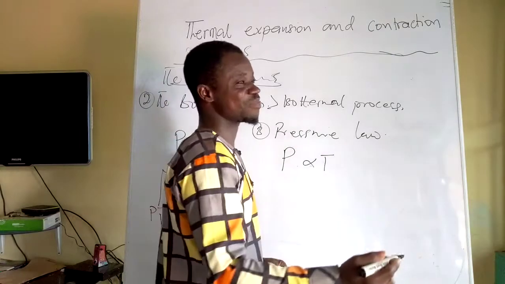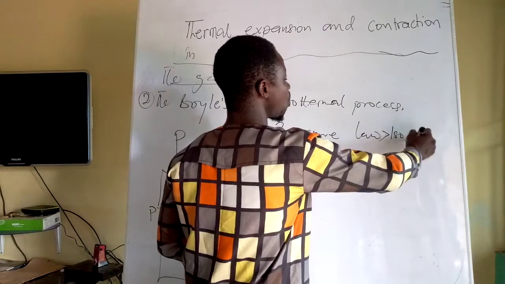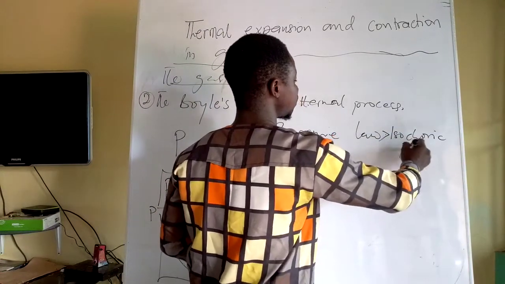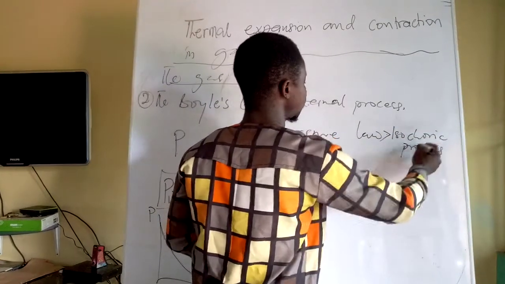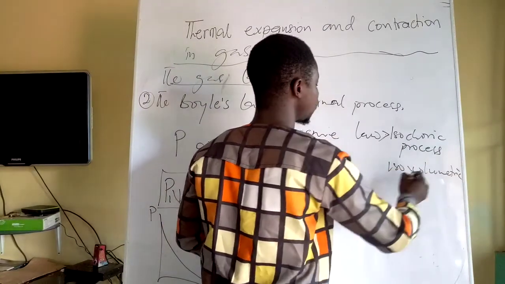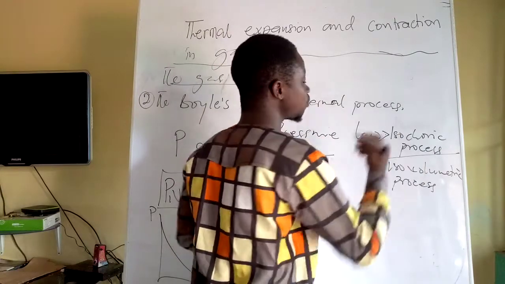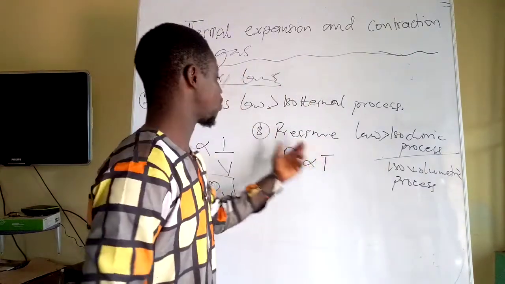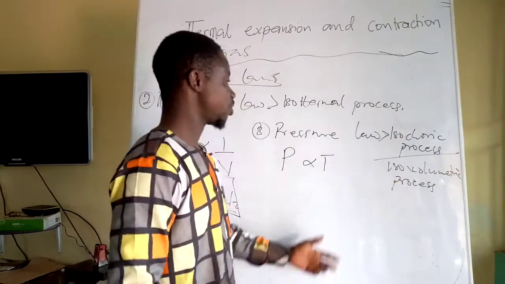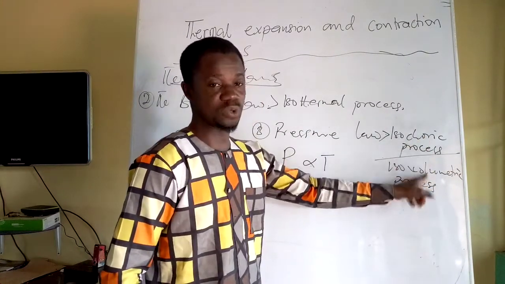In thermodynamic principles, the pressure law is referred to as an isochoric or isovolumetric process. That is a thermodynamic process where volume is kept constant.